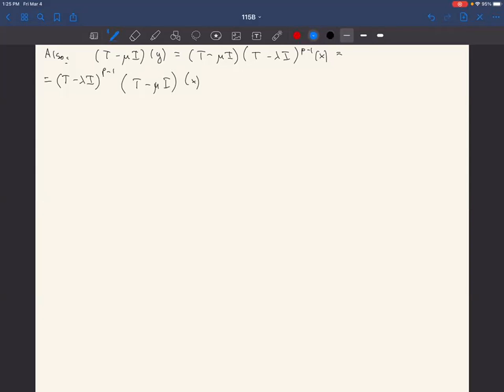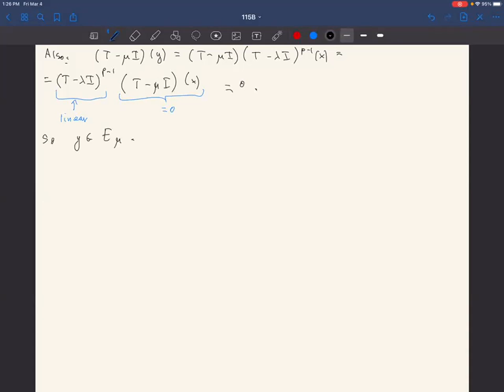But now look, here we have that this is 0. And this map is linear as a composition of linear maps, right? So we apply a linear map to 0, but then this is just 0 as well. So we get that y belongs also to the eigenspace of mu.